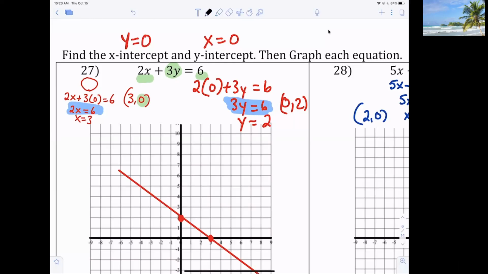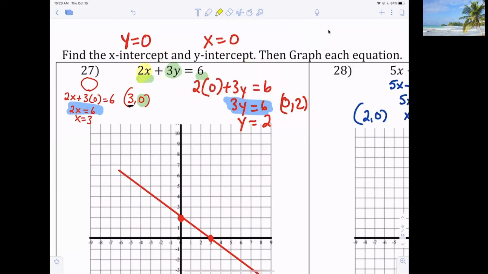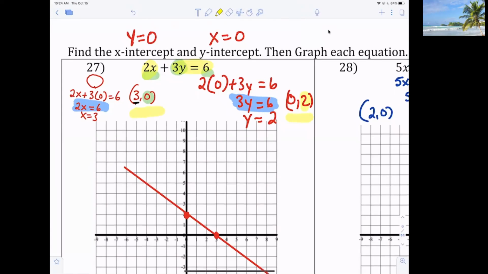So that's how I got 3. Now when I do the y-intercept, I'm going to let the x be 0. So I'm really just solving that equation. So y equals 2. Then you have that point, and you have that point, and you just plug it in. Make sense? All right, somebody else.